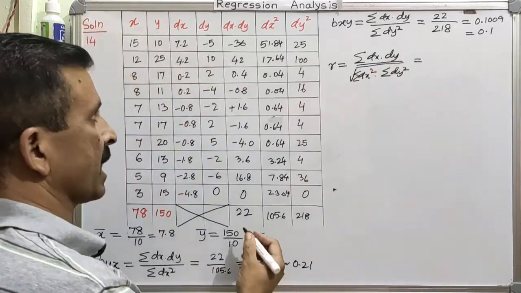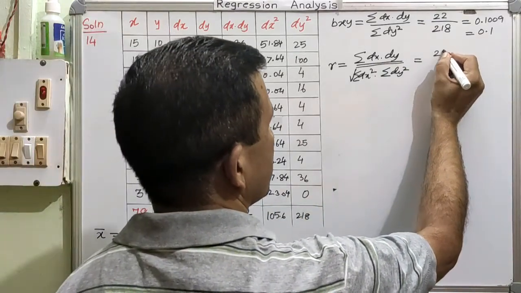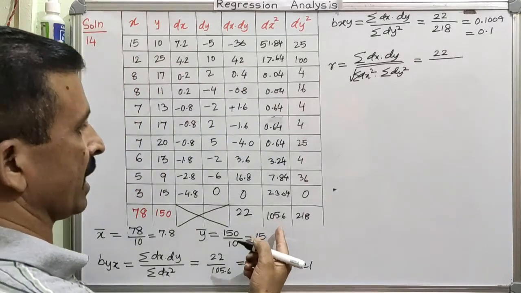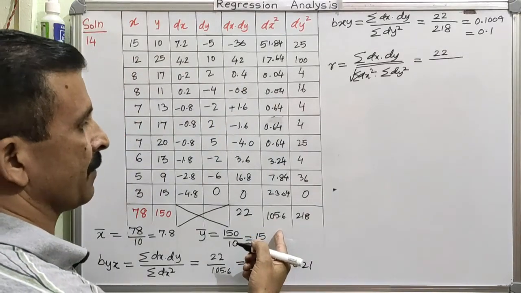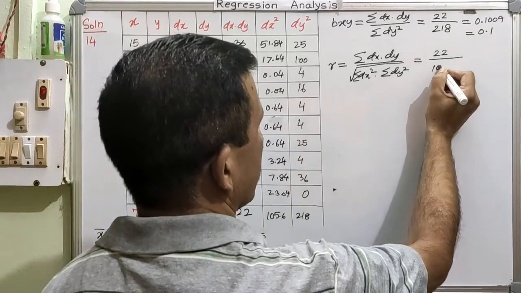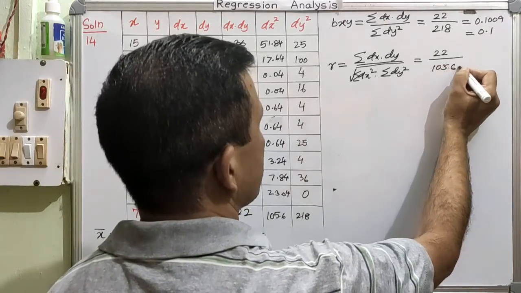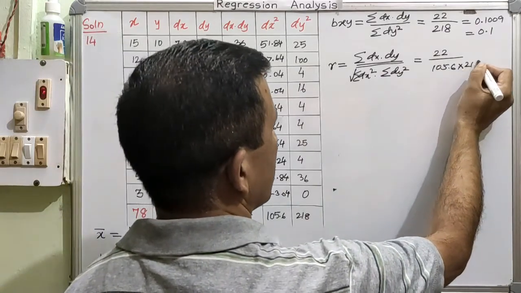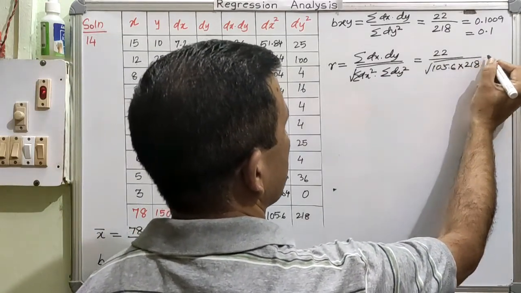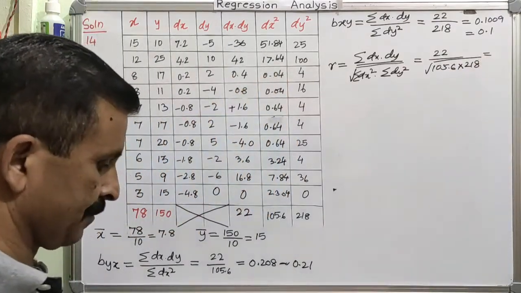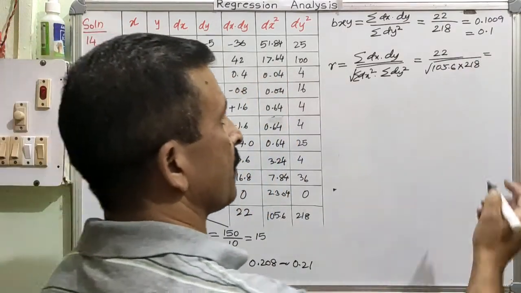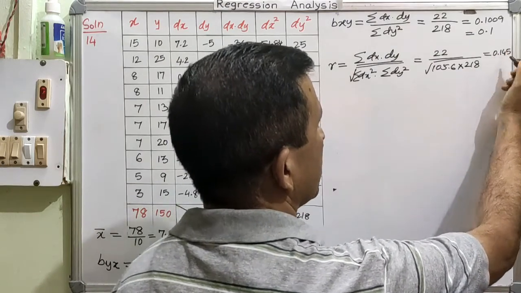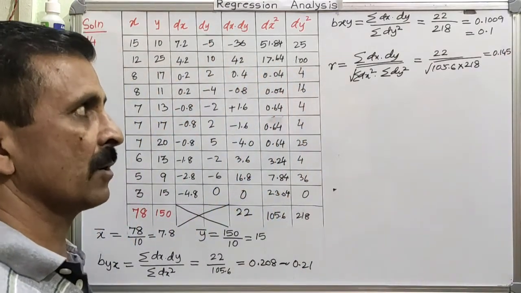The product of these two is again 22, divided by the root of 105.6 into 218. When you calculate this, finally it is coming as 0.145. This is the correlation coefficient.